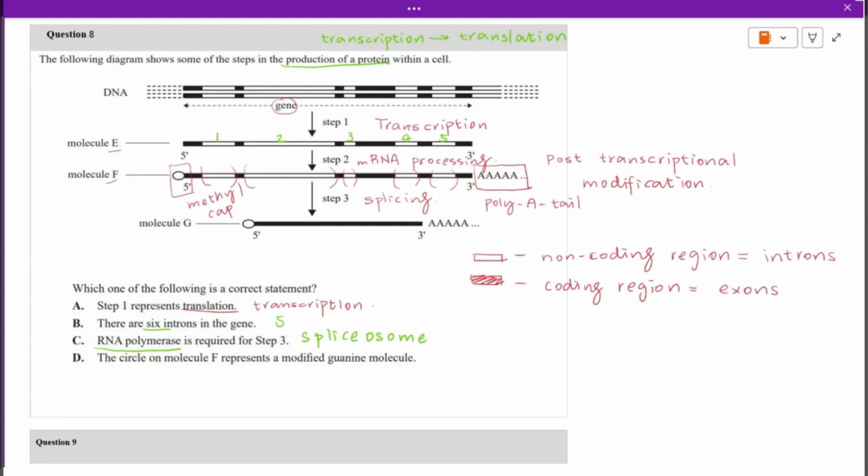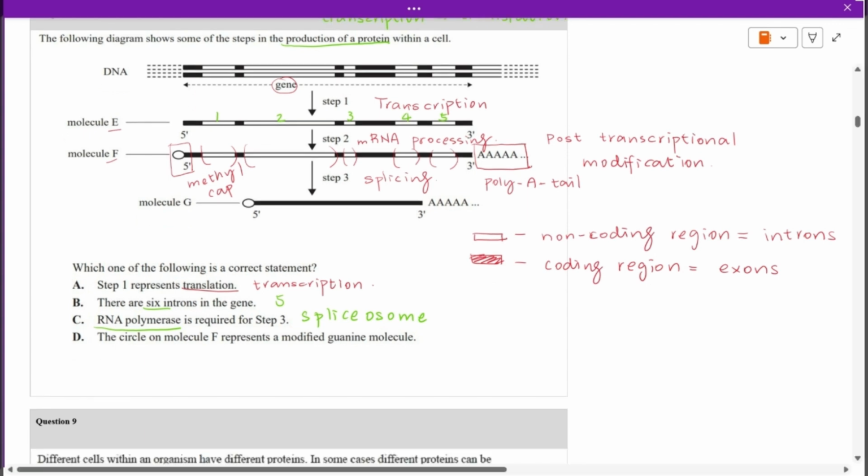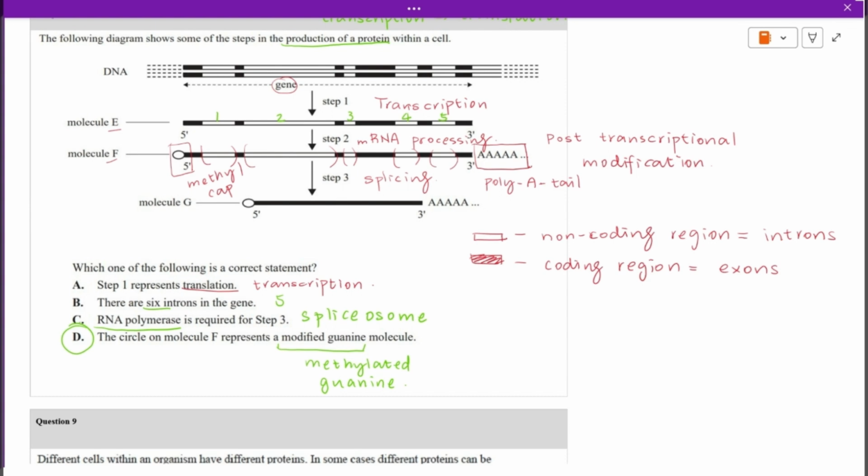Okay, so our final hope is D. The circle on molecule F represents a modified guanine molecule, which is true. Okay, so the modified guanine molecule is the 5' methyl cap, and we have formed that methyl cap by modifying a guanine or methylating a guanine. Okay, so option D is indeed correct.